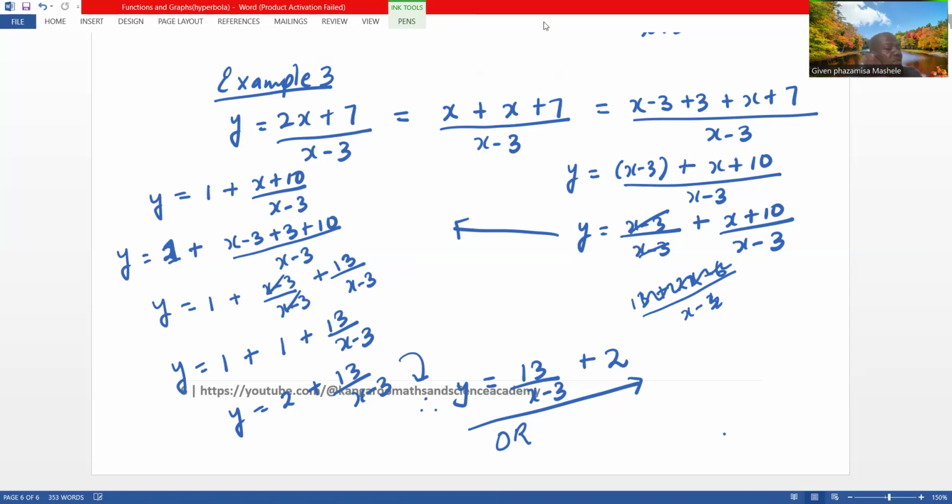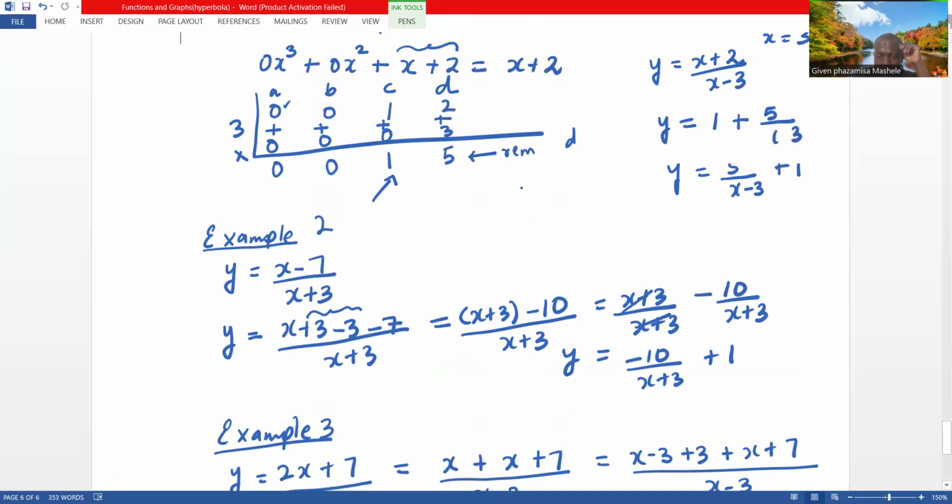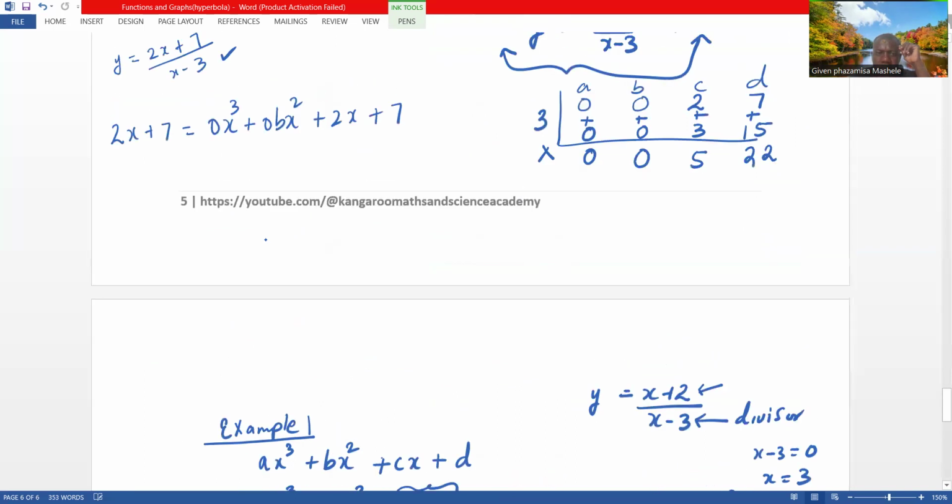Let me check something. 2x plus 7, 0 ax cubed, bx squared plus cx plus d. Okay, 0, 0, c is 2, d is 7. We use 3. 0 plus 0 is 0, 0 times 3 is 0, 0 plus 0 is 0, 0 times 3 is 0.